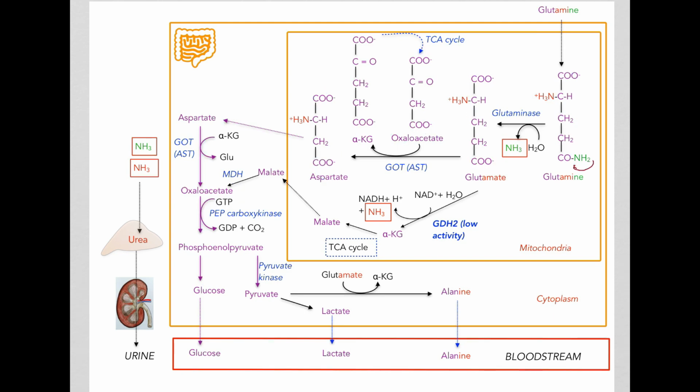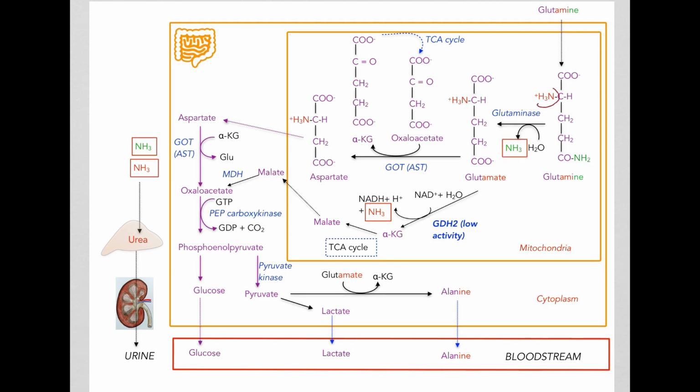The nitrogen that is attached to the glutamine via the amide in the R group comes out as ammonia in this reaction, the glutaminase reaction, and this ammonia is then secreted out into the bloodstream.